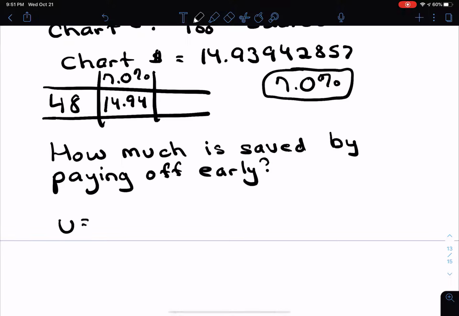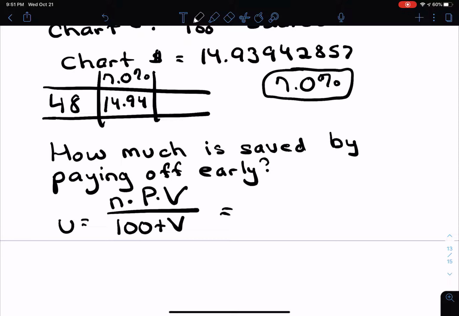U equals N times P times V over 100 plus V. N was the number of remaining monthly payments excluding the current. We're talking about the 18th payment on a 48-month loan, so we have 30 payments left after this. P is the monthly payment, so that's the $83.81.